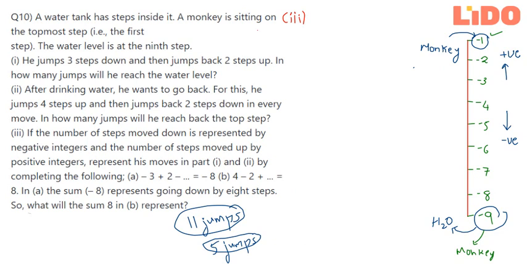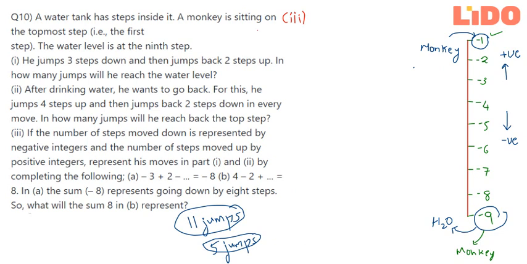Now the next part of the question is, in A, the sum -8 represents going down by 8 steps. So what will the sum +8 in B represent? Okay. Now here we know that in the first subsection, the monkey changed its position from -1 to -9.